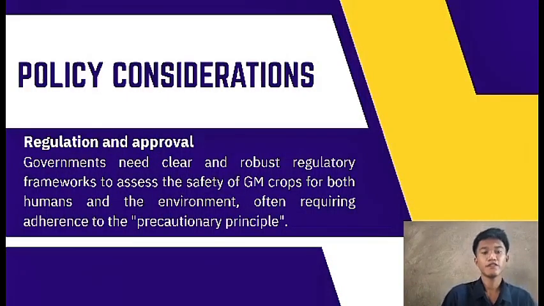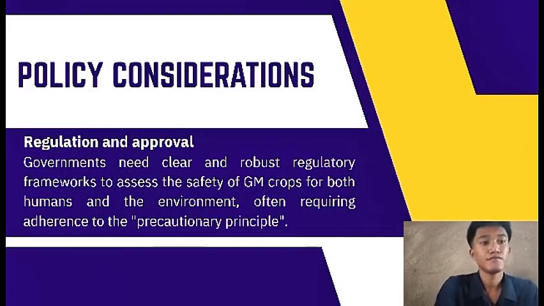Policy consideration. Regulation and approval. Governments need clear and robust regulatory frameworks to assess the safety of GMO crops for both humans and the environment, adhering to the precautionary principle.